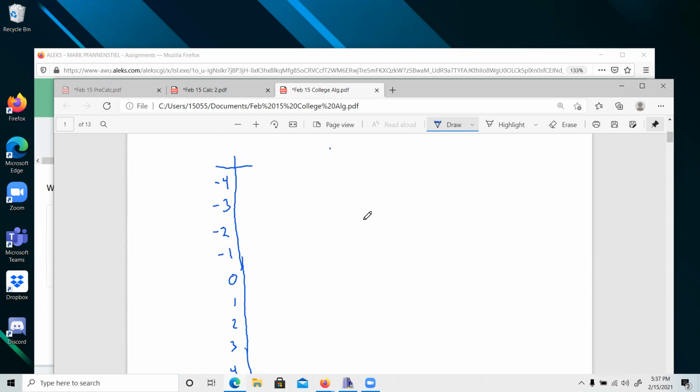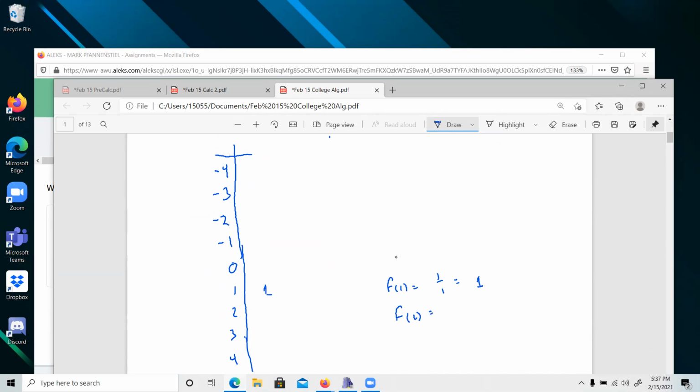Let's start with the positive side because those are pretty easy. f of 1 is equal to 1 over 1, which is equal to 1. f of 2 is equal to 1 over 2, which is 0.5. f of 3, 1 over 3. And f of 4, which is 1 over 4. For zero, we'll just write that in as undefined because we don't have a value for that.